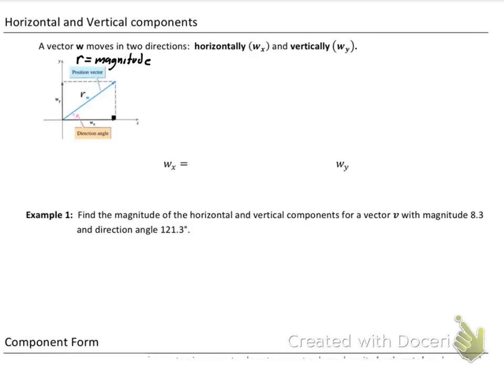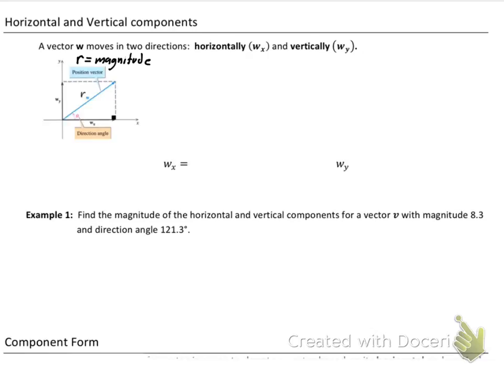So in this example, I know the length of this line, and maybe I know the length of this line, or how do these two things relate? Well, I have a right triangle, and I have an angle. So anytime we have a right triangle and an angle, we should automatically think of SOHCAHTOA. We should always think of our trig functions. So if I'm looking at this angle, this is adjacent, this is hypotenuse. That sounds a lot like cosine. SOHCAHTOA, adjacent over hypotenuse.